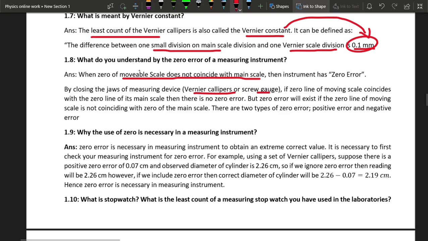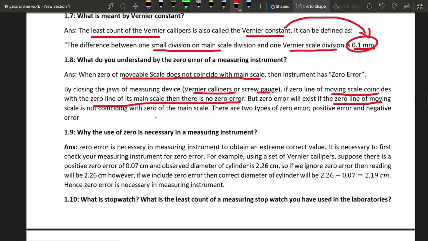Now, when the zero line of the movable scale coincides with the zero line of the main scale, then there will be no zero error. But there will be a zero error if the zero line of the moving scale, which is the Vernier scale in case of Vernier caliper and the circular scale in case of screw gauge, does not coincide with the zero of the main scale.